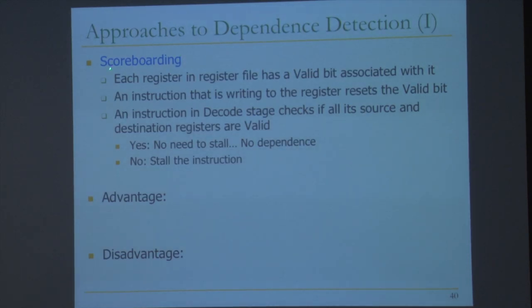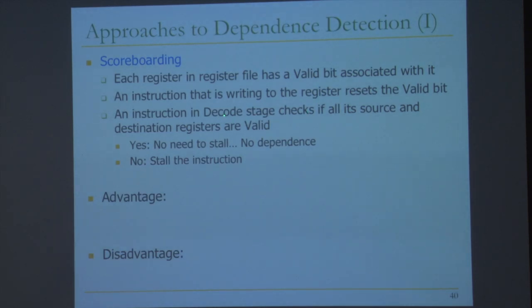One approach is scoreboarding. This is the simplest approach. The idea is that each register in the register file has a valid bit associated with it. An instruction that's writing to the register file resets the valid bit when it's decoded, saying, I'm going to write to this register, so know that if you want to read this register, the value in the register file is not correct.